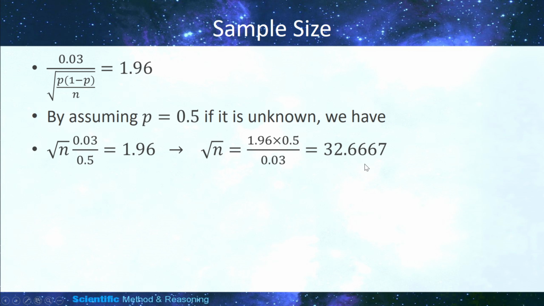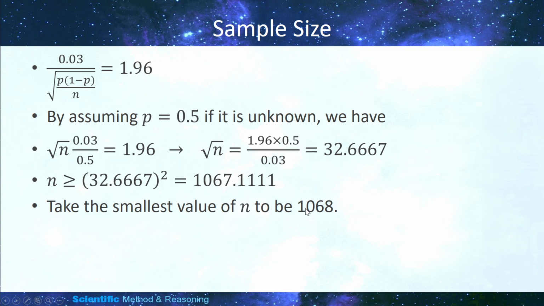Then we can find root n to be 32.6667, and therefore n equals 1067.1111. Remember that we always round up the value of n, so we take n to be 1068.